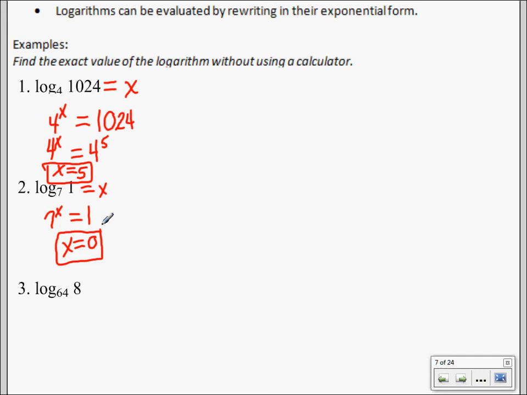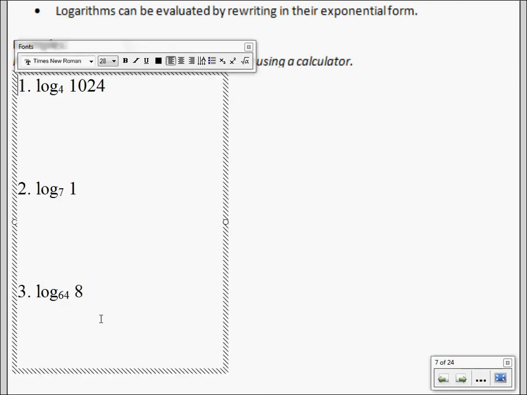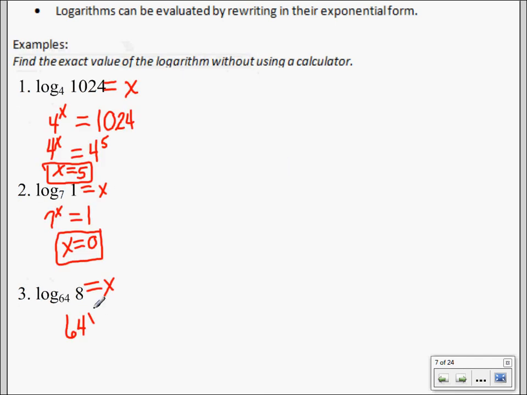And finally, for number 3, we have log base 64 of 8. We're going to set it equal to x. So we have 64 to the power of x equals 8.